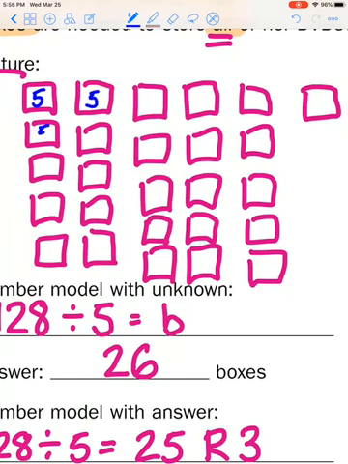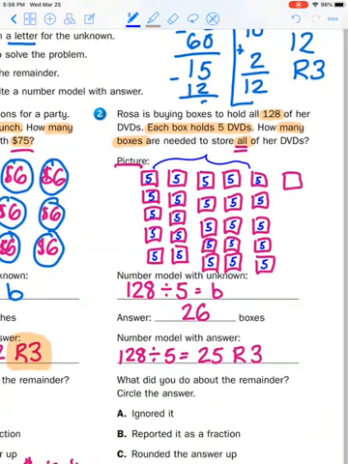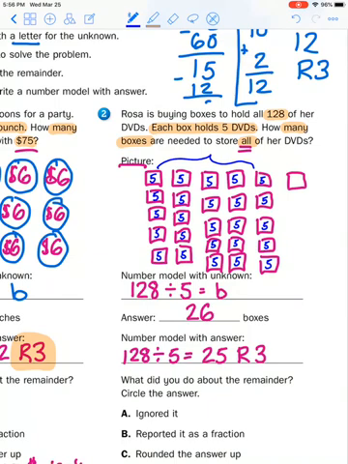Remember, each of these boxes can only hold 5 DVDs. And it's important when you guys are doing pictures to label your work, because if you just left all of these boxes blank and you didn't put a number inside of them, I don't know how many DVDs fit inside of here, because you'll see 25 boxes with 5 DVDs is not 128.